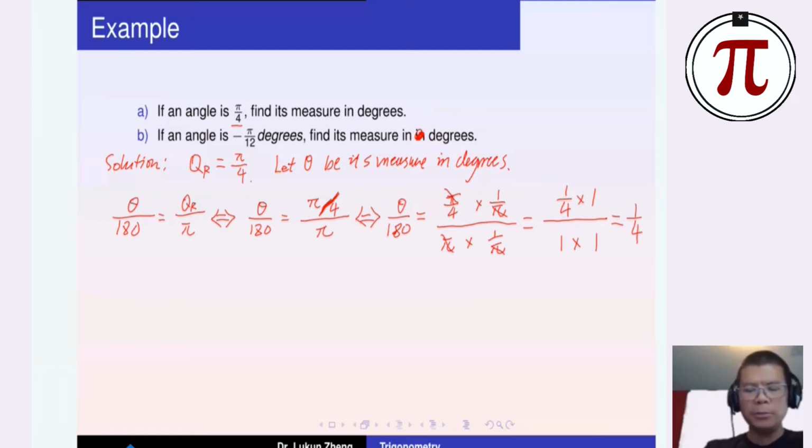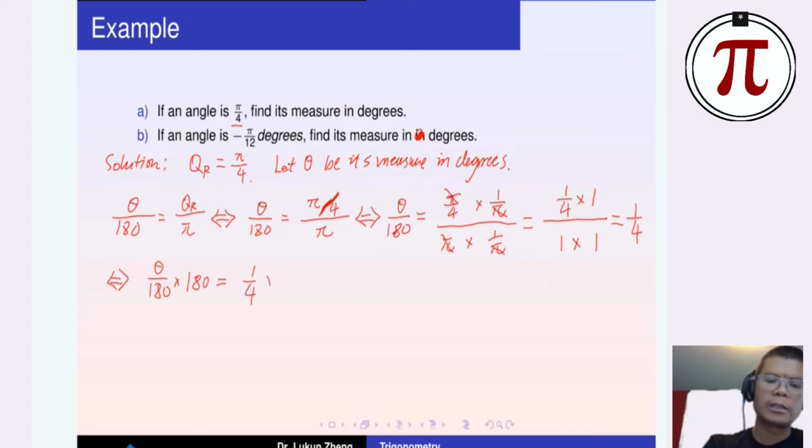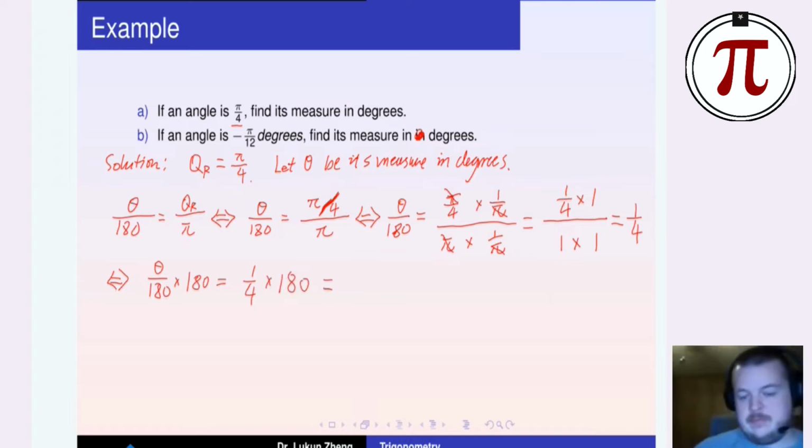Now, by doing so, I found that theta over 180 equals 1 over 4. If I multiply 180 on both sides, theta over 180 times 180 equals 1 over 4 times 180.